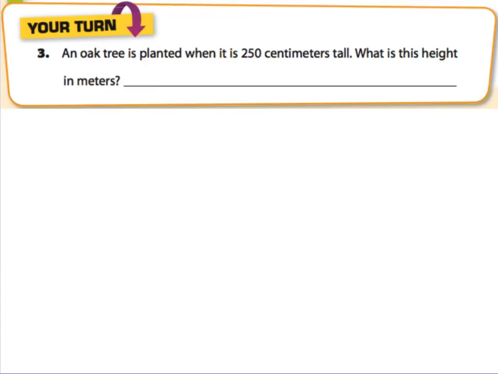All right, so let's go ahead and give you a shot to try this on your own, and you're going to try this with the metric system. Now with the metric system, it's a little bit nicer, and remember you have your stairs that you can use.